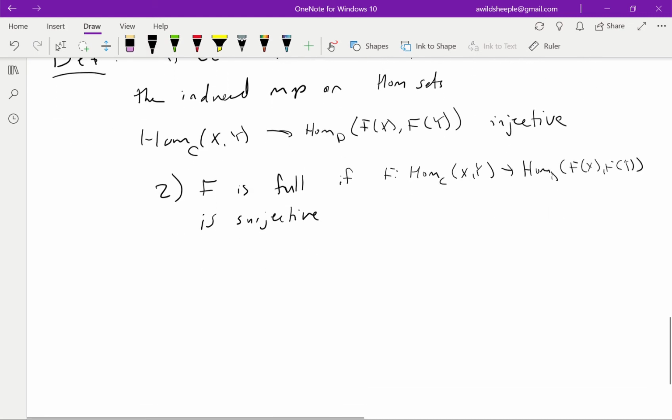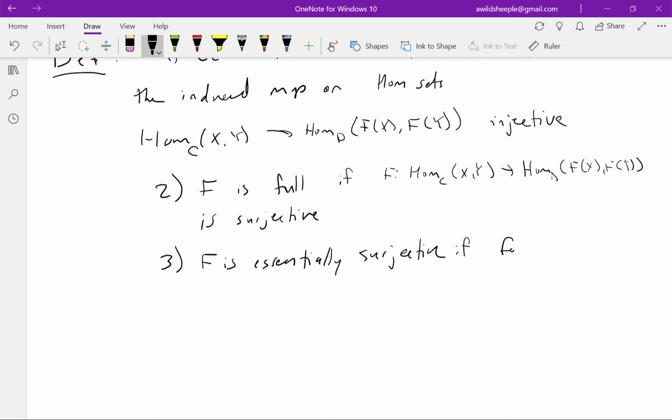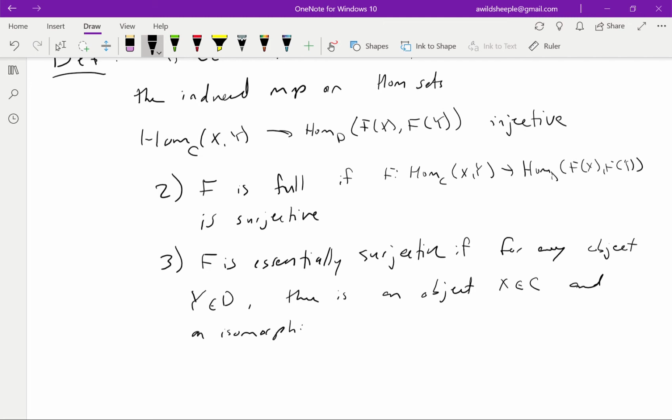And now, F will be called essentially surjective, and this relates to the objects, not the morphisms, if for every object, say y in D, there is an object x in C and an isomorphism from Fx to y.